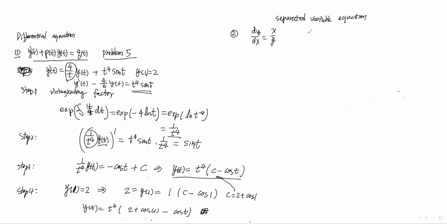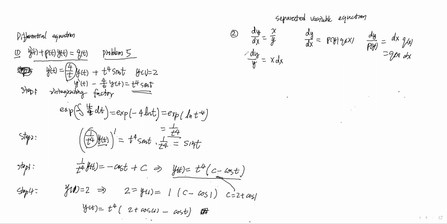For this kind of problem, in general in the test, it's written as p(y) dy equals q(x) dx. You just put y together and x together. For example, for this problem, you put y on one side and x on the other side.